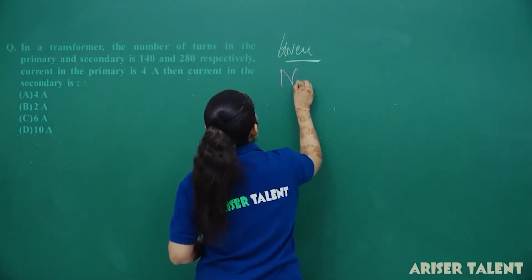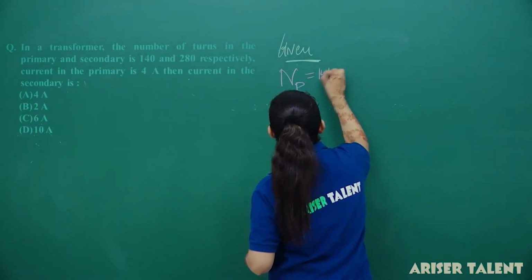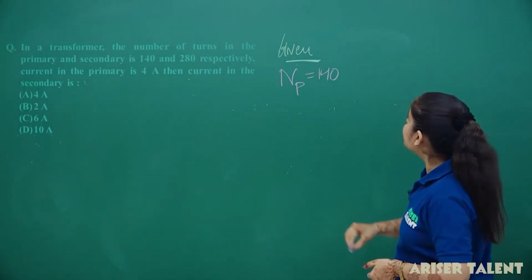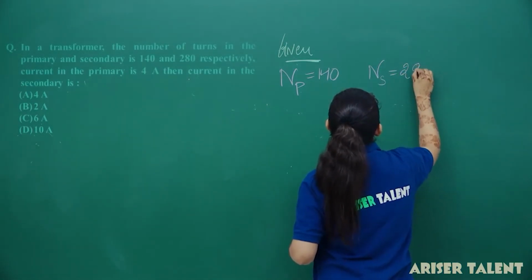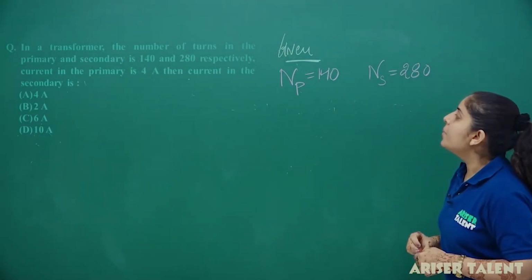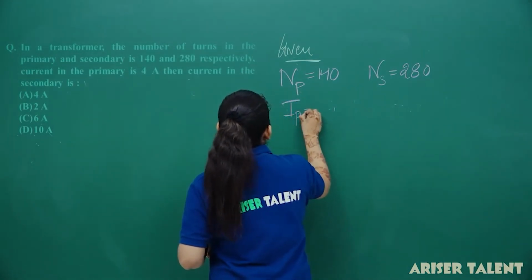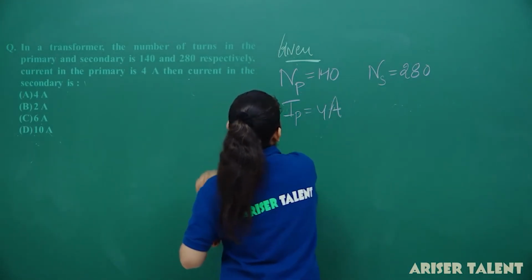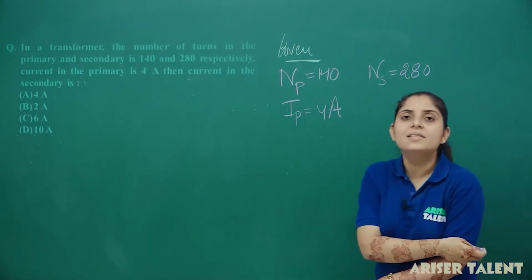Number of turns in primary, NP, is 140. Number of turns in secondary is 280. Current in the primary is 4 ampere, then the current in the secondary will be.